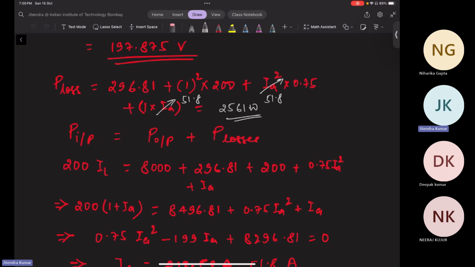Okay, so I will take a problem based on the Hopkinson test. Let me take that problem. You have studied Hopkinson's test, right?